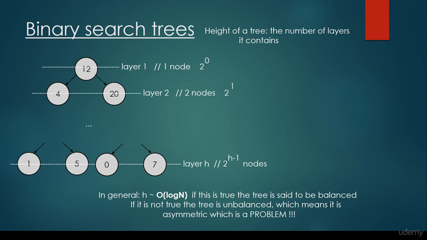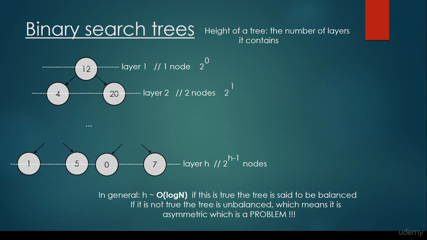Okay, what about the height of the tree? Basically, the height of the tree is the number of layers it contains. Layer 1 is going to contain a single node, so it has 2 to the power of 0 nodes. Layer 2 contains 2 nodes, so 2 to the power of 1 nodes. Layer h, basically h is the height of the tree, how many layers we have, is going to contain 2 to the power of h minus 1 nodes.